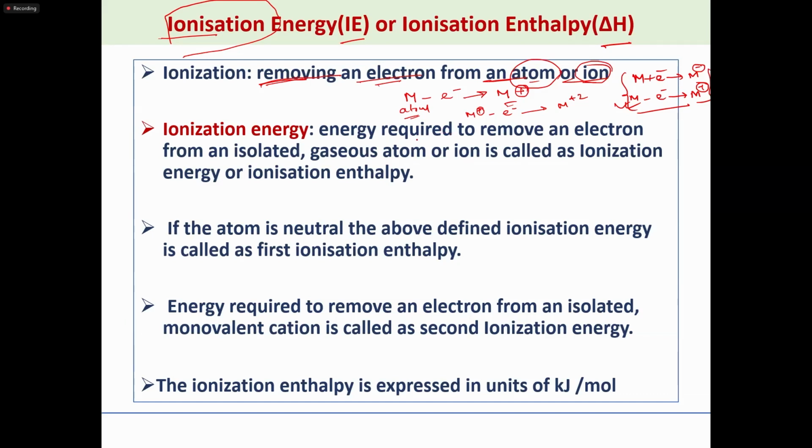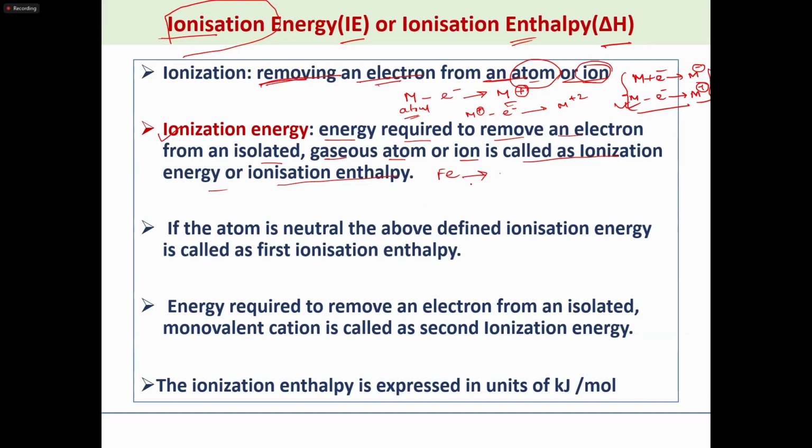Now, the energy or enthalpy, that is delta G. Ionization energy means the energy needed or required to remove an electron from an isolated gaseous atom or ion. This is called the ionization energy or ionization enthalpy. From this atom, suppose this is iron, one electron will not be removed easily.